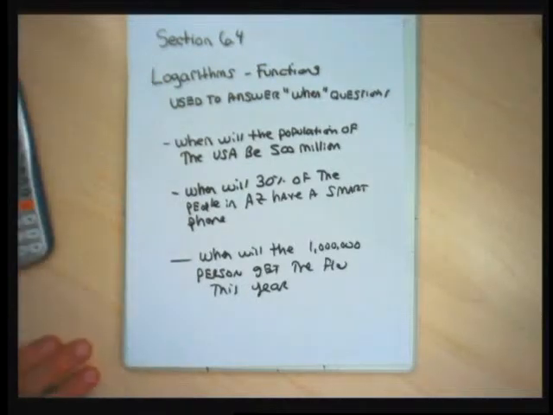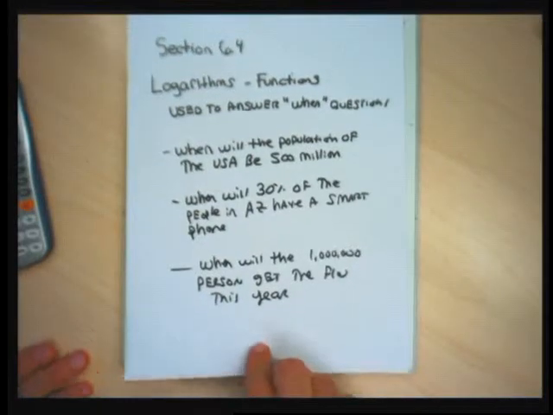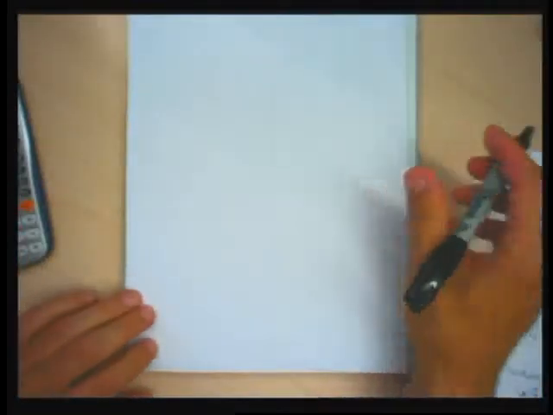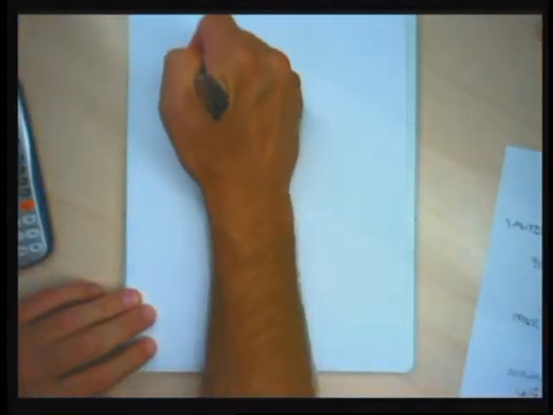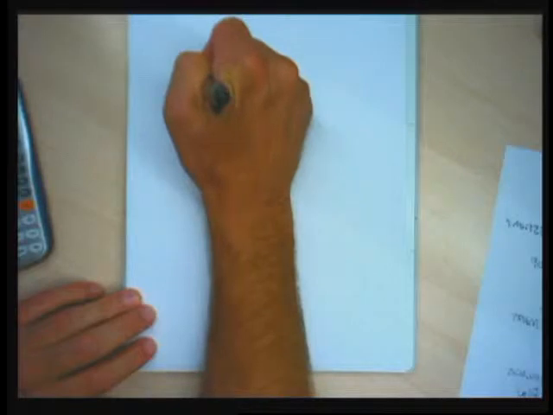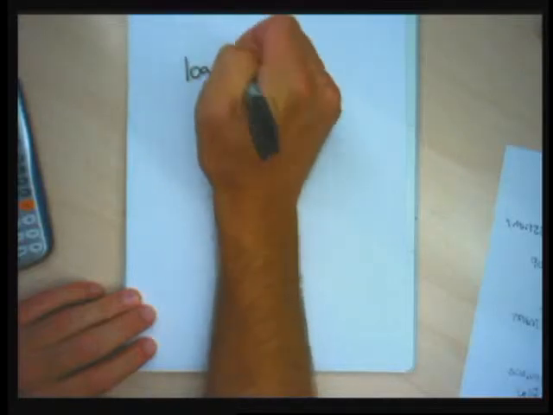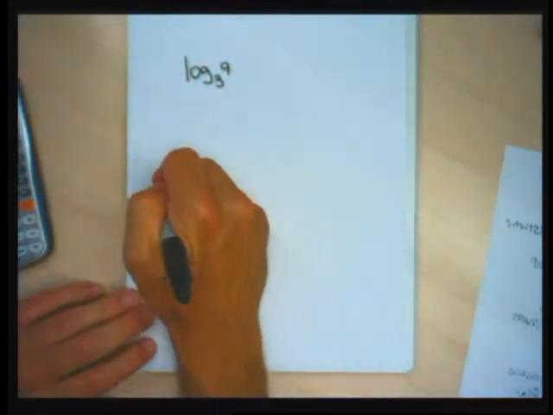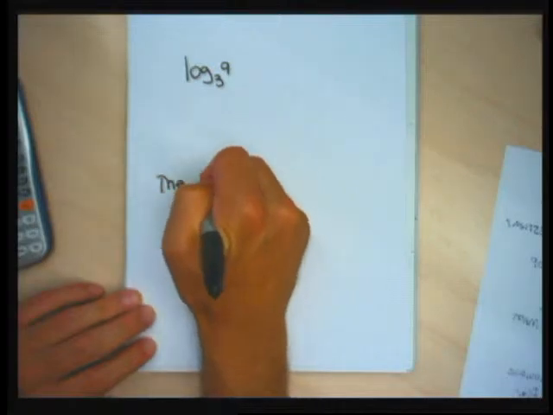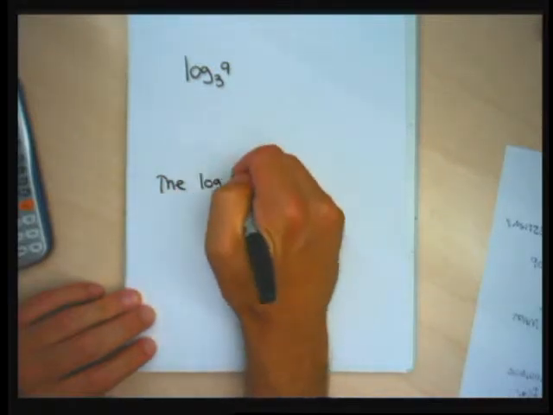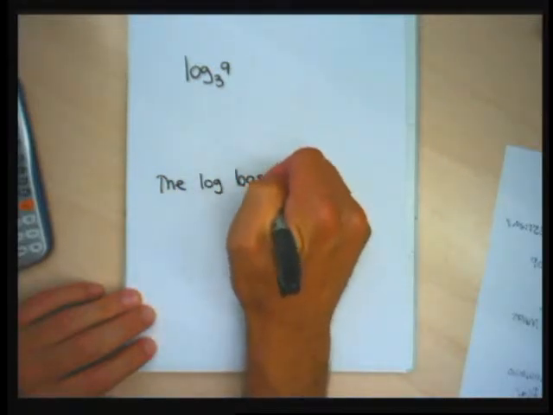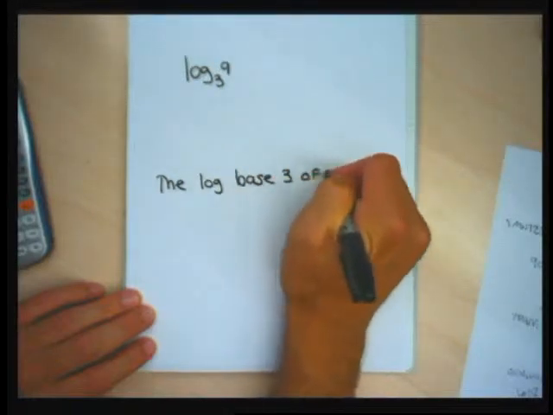function called logarithm. When we deal with logarithms, they're not hard, but notationally they're kind of messy. So the notation for a logarithm, I'm just going to write a common logarithm down. I would read this as the log, or the logarithm, base 3 of 9.